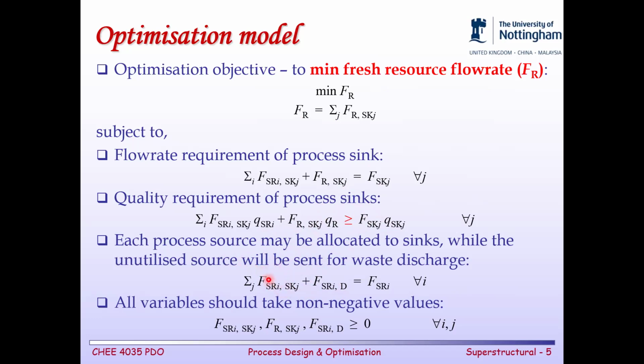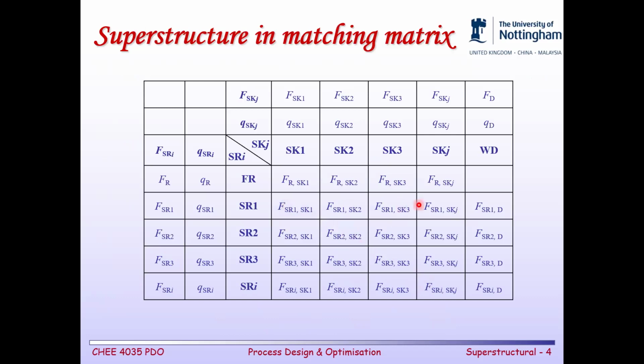We take the sum of all the flow sources, the flow from source I to sink J, and also the unused wastewater, that would be the wastewater for all of the sources. So we simply sum this row from here to here, and we do that for each of the sources.